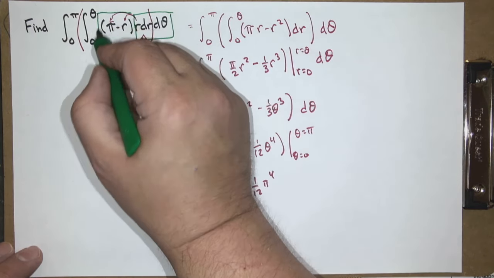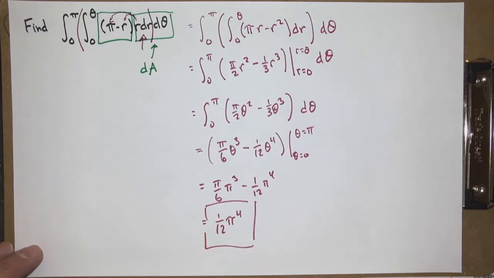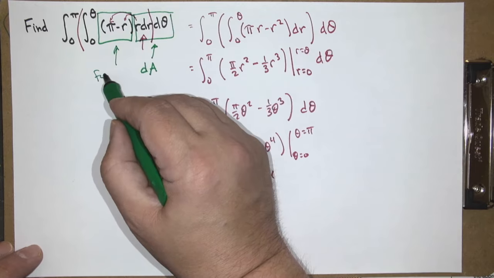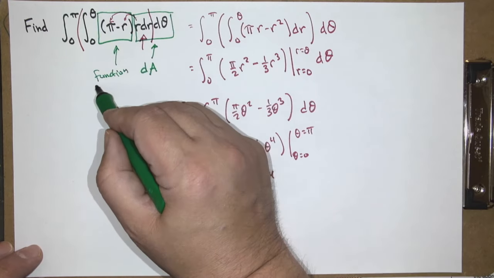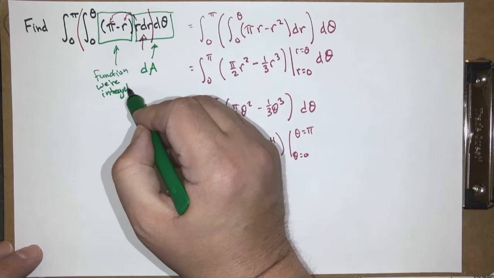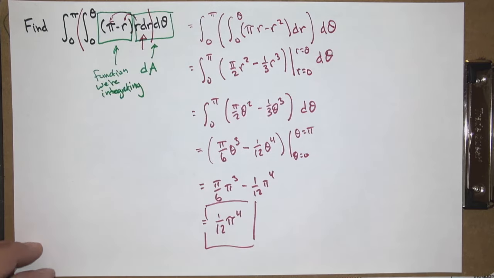So this pi minus r, what is that? That is the function we are integrating. So in terms of what's being integrated, we're integrating pi minus r over the region.